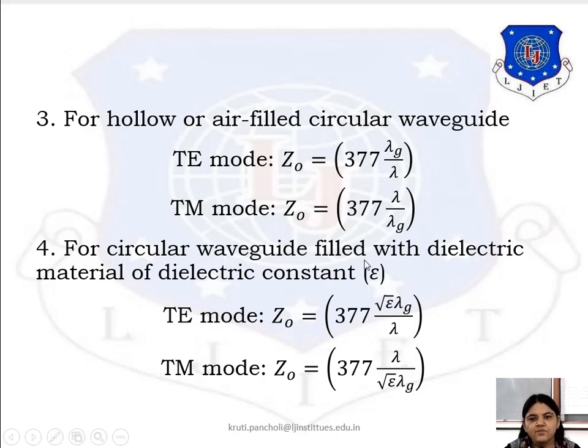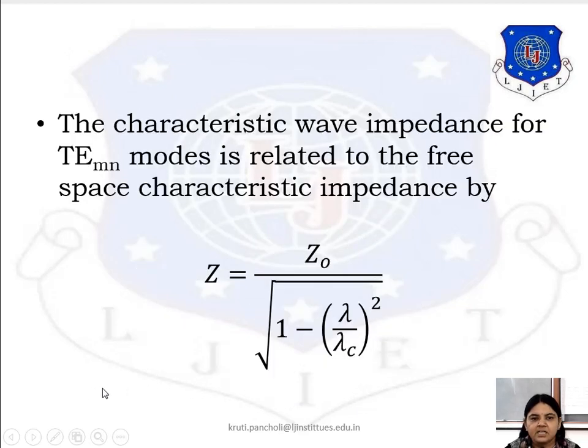For a circular waveguide filled with a dielectric material of dielectric constant epsilon, TE mode, Z0 is equal to 377 square root of epsilon lambda g upon lambda. TM mode, Z0 is equal to 377 lambda upon square root of epsilon lambda g.